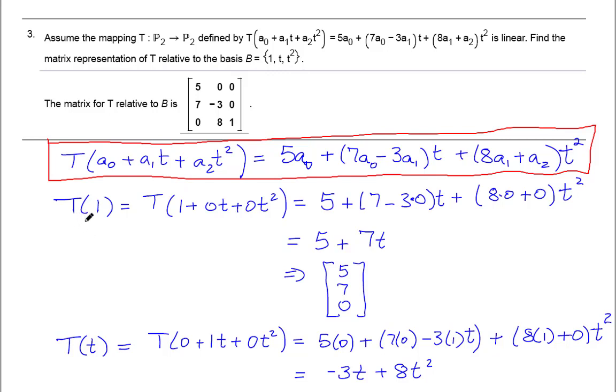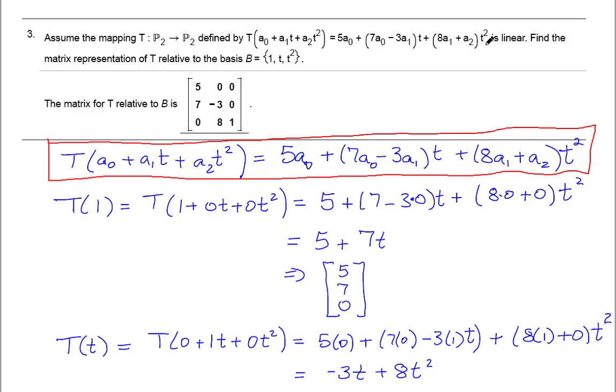Well, all I have to do is take our formula and put in the normal basis. So T of 1, okay, that's my normal basis. That's 1, 0t, 0t squared. Trace through what happens in the formula, and that goes to 5, 7, and 0.